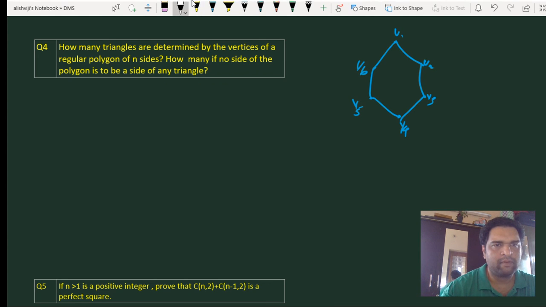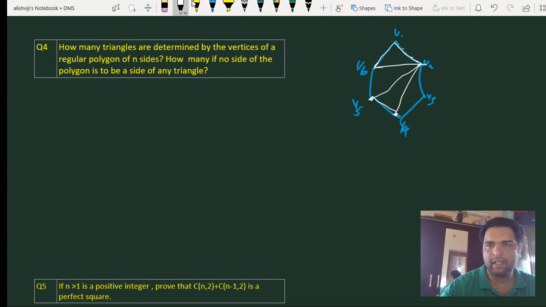Now we are looking for how many triangles are given by the vertices of a regular polygon of n sides. If you choose any three of the vertices, that will give rise to a triangle, and the order of the vertices is immaterial.